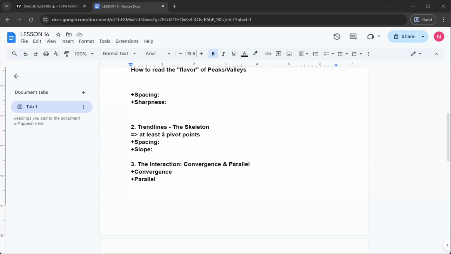Are the two boundary lines converging or compressing, or parallel or resting? And the last one, if you answer these questions yourself, you have understood 80% of the story that the chart wants to tell you.